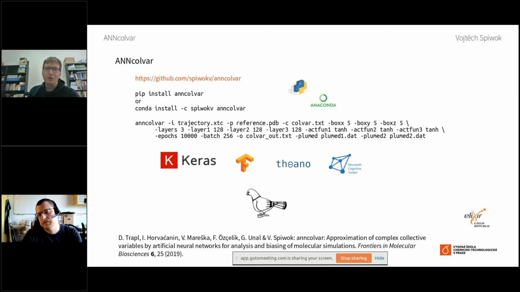You can use it either for analysis, or in metadynamics or other methods which are available in Plumed for sampling enhancement. There are 2 versions of files, because at the beginning we made this neural network in the form of a mathematical function, and there are hundreds of different parameters, so it's quite a big file.